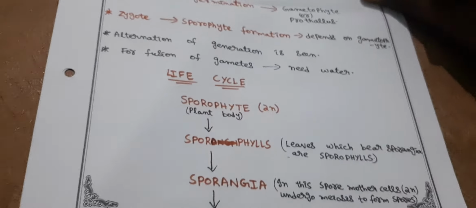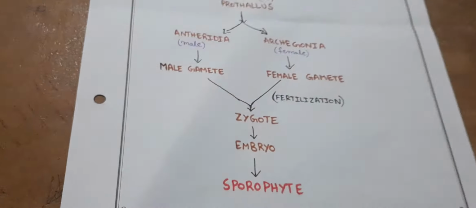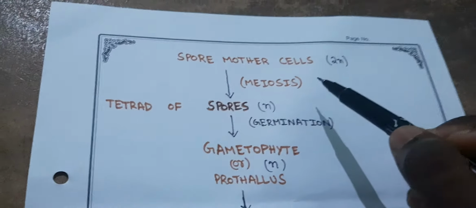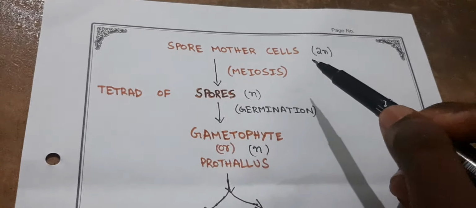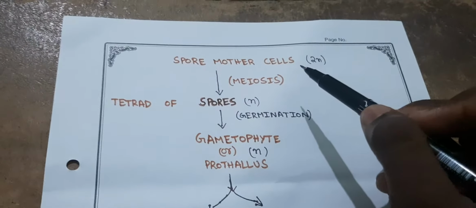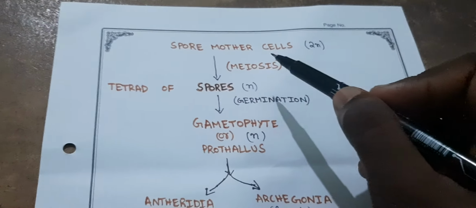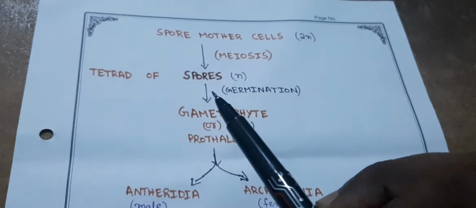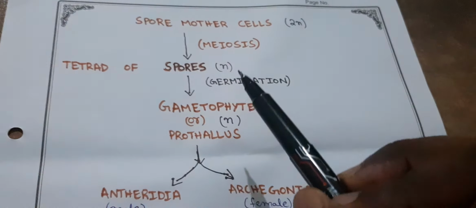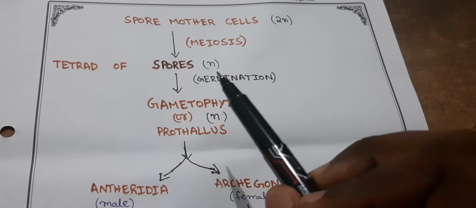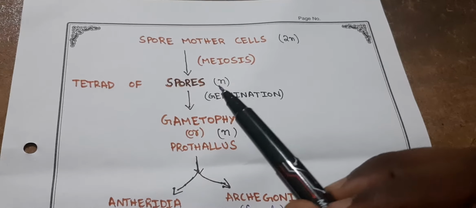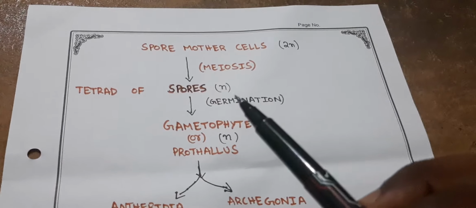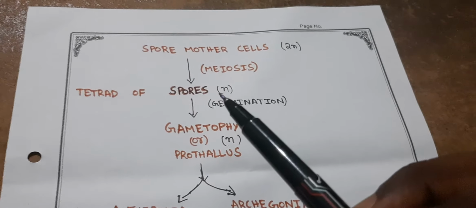See, this spore mother cell is also diploid in condition, so it is known as diploid spore mother cell. When this spore mother cell undergoes meiosis, a tetrad of spores, that means four spores, are seen in haploid condition. Single n means haploid. Mentioning this diploid and haploid is very important while writing the life cycle.